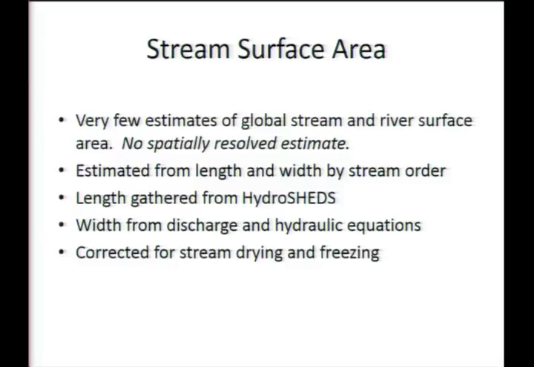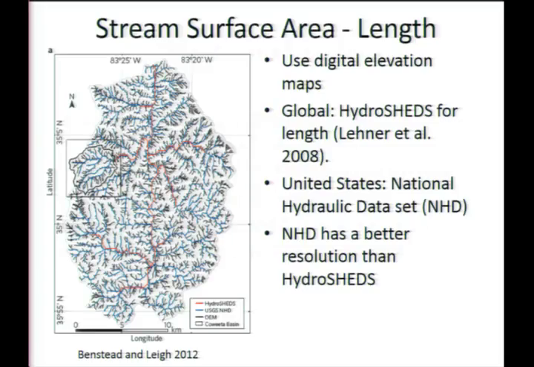and basically have to come up with methodology to produce these spatially resolved estimates, and I'm just going to show you some of the data sets we use. This is a watershed in Tennessee, about 20 kilometers wide, 40 kilometers north to south. And on this are a few of the data sets that are available to us.